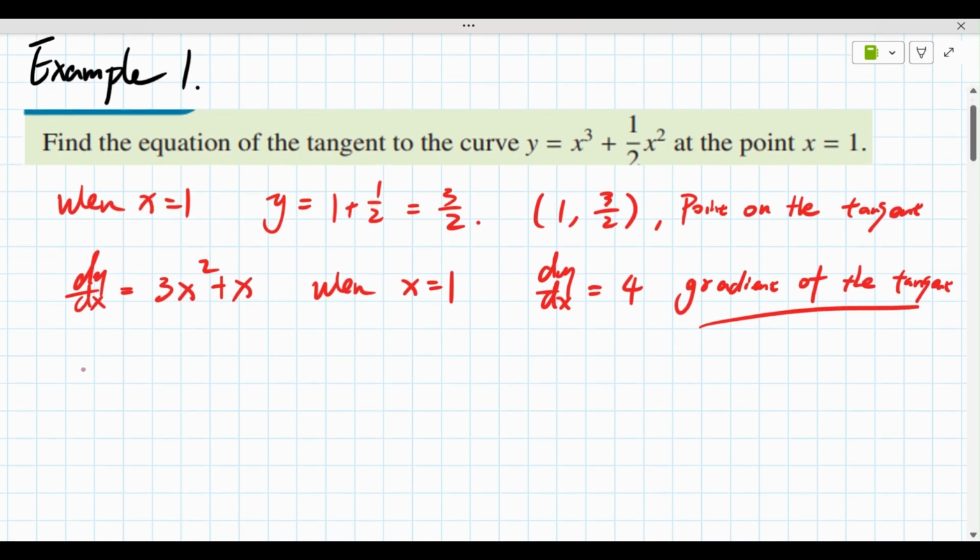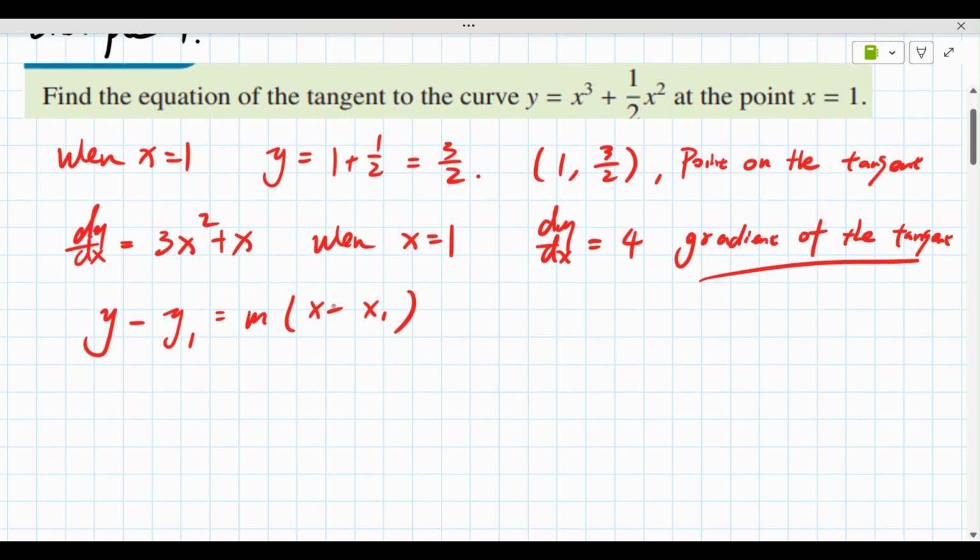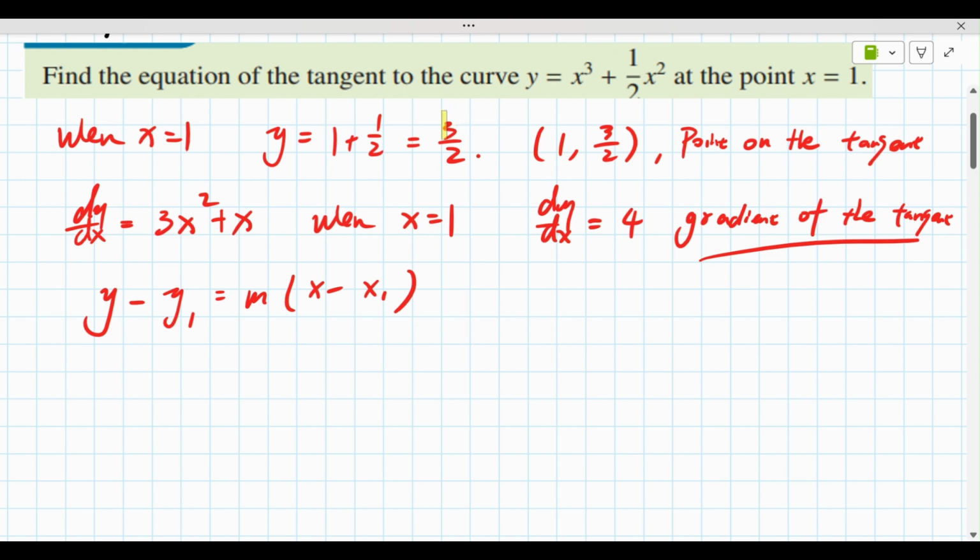Now, does anybody remember y minus y1 equal to m times x minus x1? This is our tangent to the curve, so we're going to find the equation. We substitute 3 over 2 for y, x equal to 1, and the gradient 4.